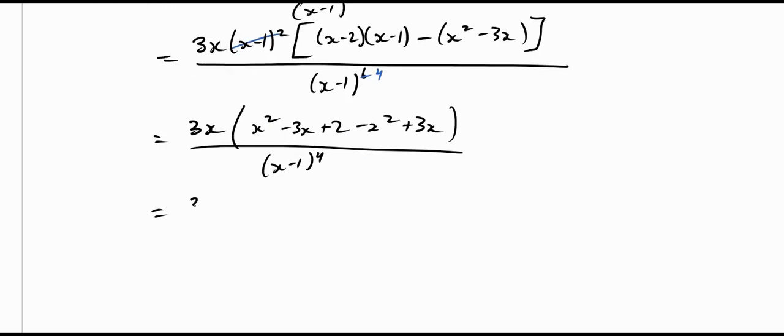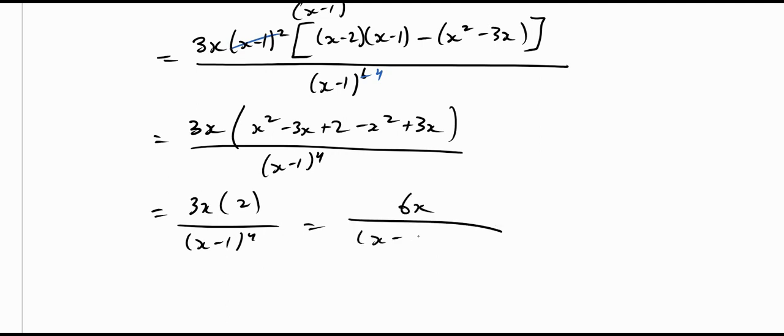All right, let's see what happens here. 3x, I get x squared, minus x squared is gone. Negative 3x plus 3x is gone, so times 2. So this is 6x over x minus 1 to the 4th.